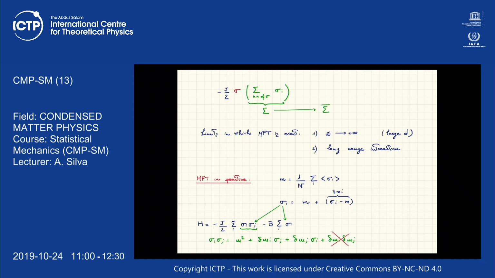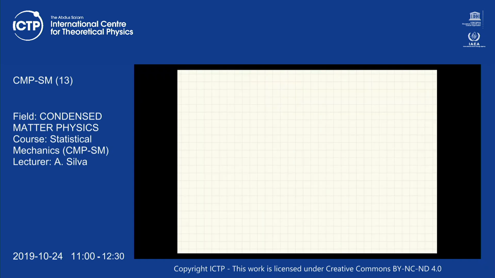Now, if I neglect the quadratic term, I go back to what is written here, and what I get, going to the next page, is that this is equal to minus J over 2, sum over i and j, of m squared plus m delta m i plus m delta m j, minus B sum over i sigma i.